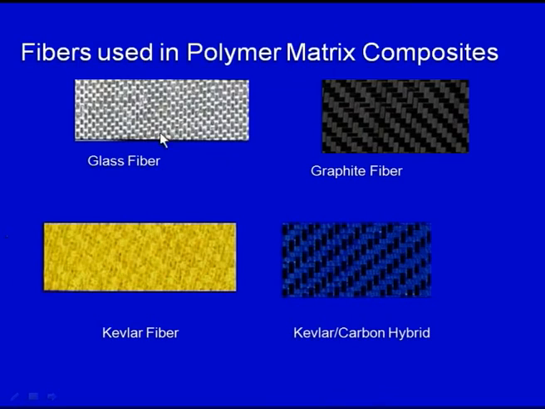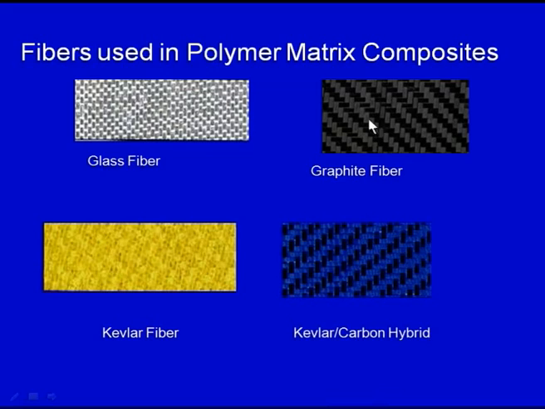Now, this is a representation of how the fibers usually look in industry. This is a glass fiber; you can see there are fibers in the x direction, suppose I call this direction the x direction and this direction the y direction. So, we have fibers in the x direction and fibers in the y direction. Similarly, this is a Kevlar fiber, this is a graphite fiber, black in color.